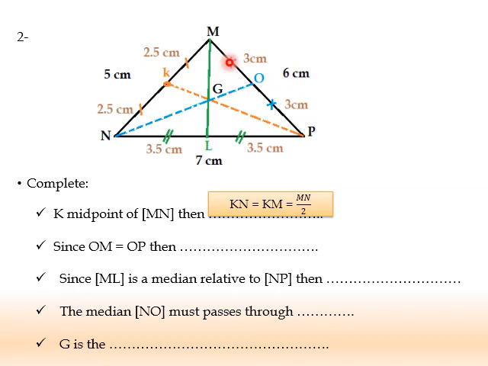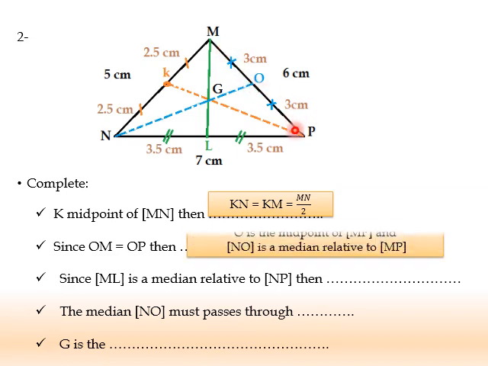Since OM equals OP, and we know that MP equals 6 centimeters, MO equals OP equals half of MP. That's how we calculate and find that MO equals 3 centimeters. It may be a given, but for more practice, for more information, I'm telling you.